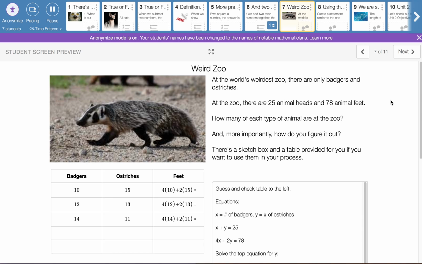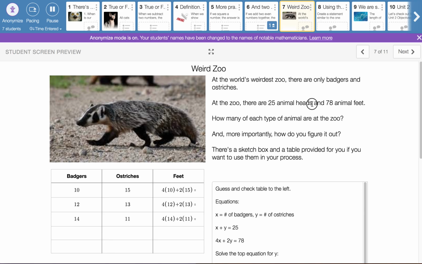Another style of problem we need to work on in this unit are these combo problems or weird zoo problems, where we have a couple different styles of things running around, maybe a couple different animals or a couple different types of coins, and we need to figure out how many of each type of thing we have based on some information. So in this one, we have only badgers and ostriches in the zoo.